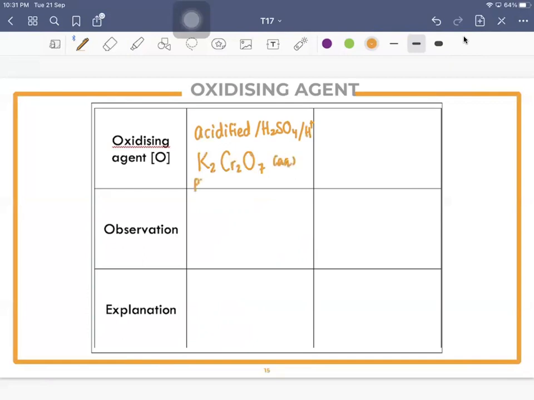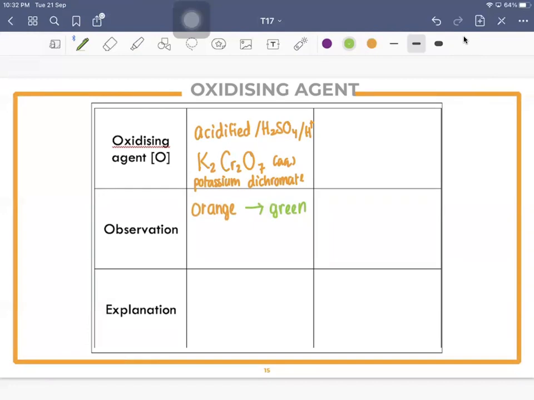I prefer you to be comfortable with writing down the formula so that it becomes a habit and you will remember it easily. The observation is that you will see the orange color of potassium dichromate turning into green. That means the oxidation process has happened, so your primary alcohol is being oxidized to aldehyde.